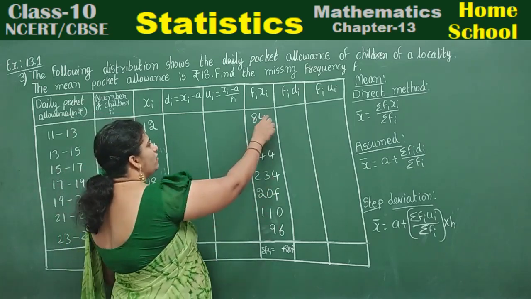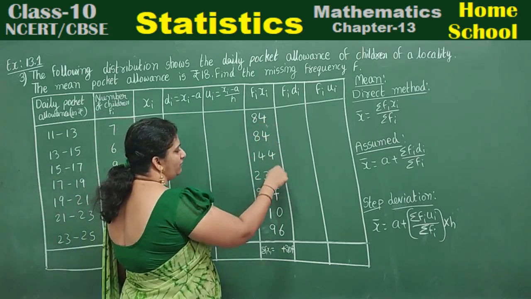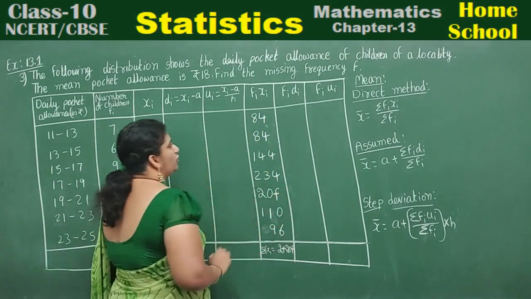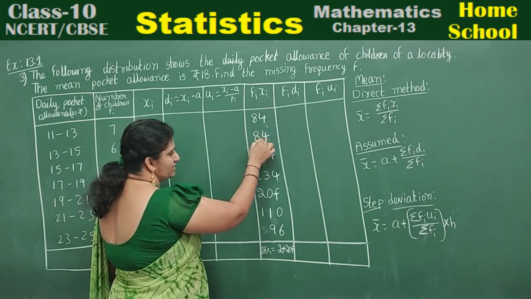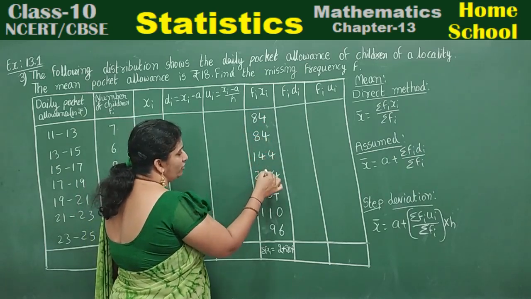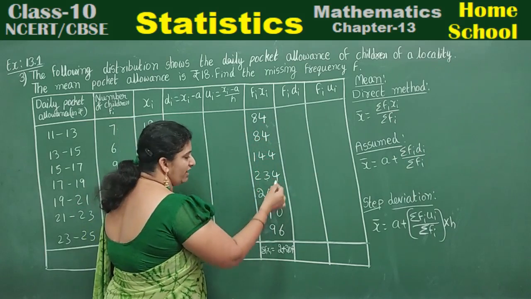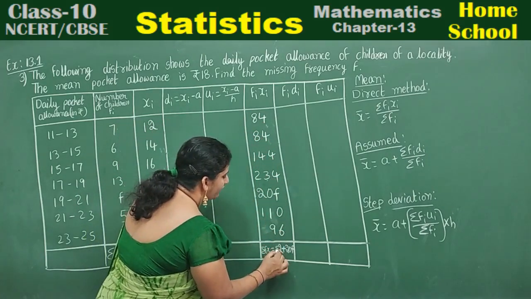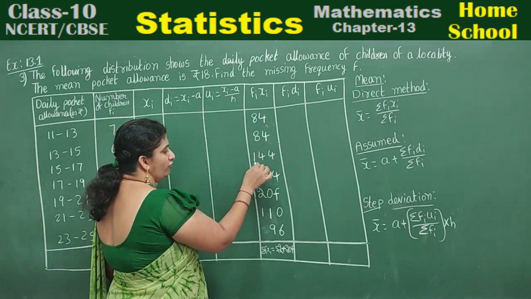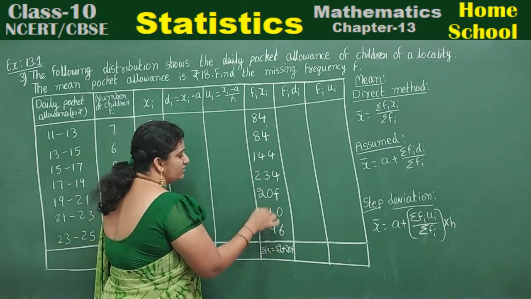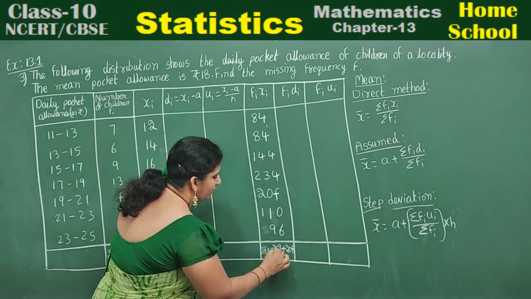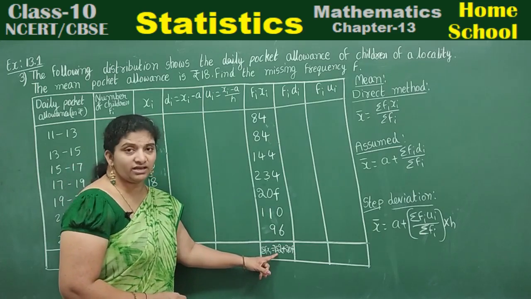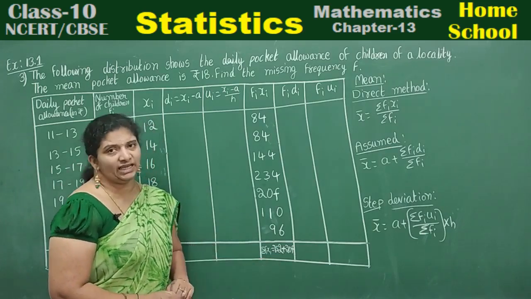Now start adding. 4 plus 4, 8, 8, 16. 16 plus 6, it will be 22. 8 plus 2, 10, 10 plus 8, 18, 18 plus 4, 22, 22 plus 3, 25, 25 plus 1, 26, 26 plus 9, 35. 3 plus 1, 4. 4 plus 2, 6. 6 plus 1, it will be 7. Summation Fi Xi is equal to 752 plus 20F.